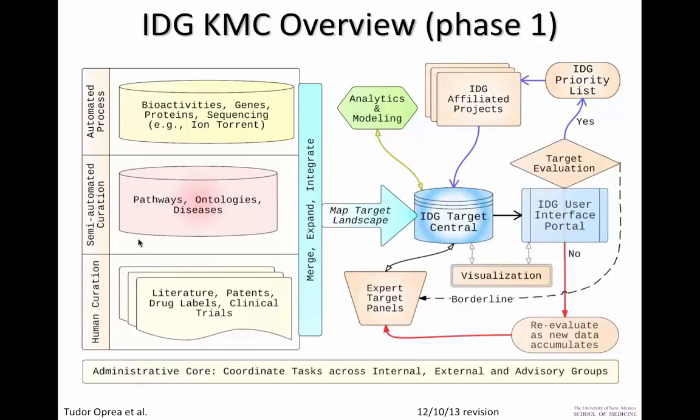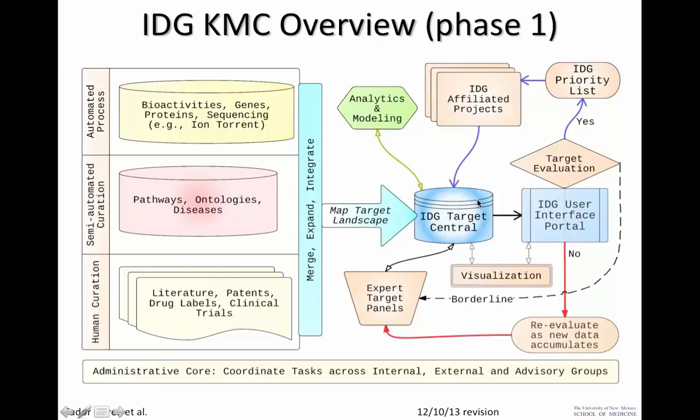We try to plug in with a system called disease ontology, which is a separate, not related to us, NIH-funded project. I will mention that one more a bit later. And then, of course, we try to include as much data from literature, clinical trials, drug labels as possible. And when all this is assembled, it ends up into Target Central.